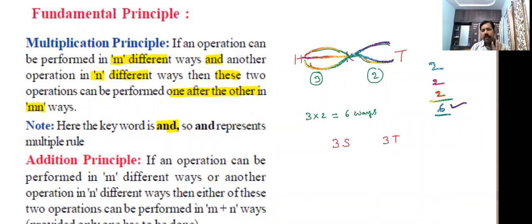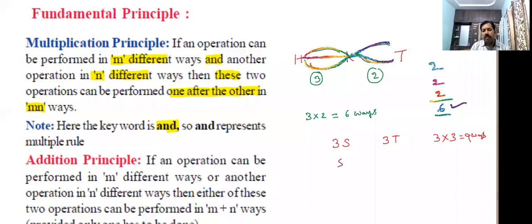Two shirts are not a pair, two trousers also not a pair. So three shirts, three trousers. By using the fundamental multiplication principle, what is the answer? 3 into 3, that is 9 ways possible. 9 different pairs are possible.